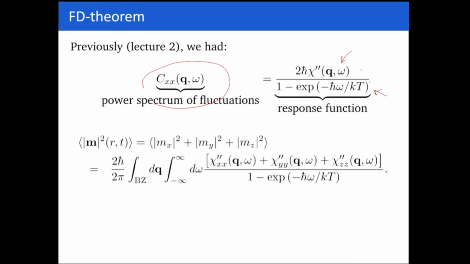Basically it is telling you that if you have an excitation described by a response function, then there will be fluctuations associated with that. So we can take the case of a ferromagnet, we've got this chi double prime, and it has excitations associated with it, and it has fluctuations associated with it. And the question is, how much fluctuation does it have?